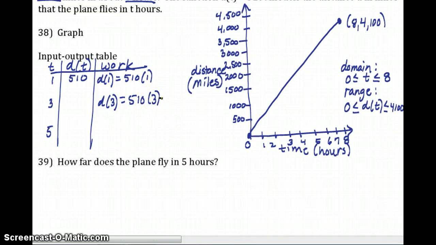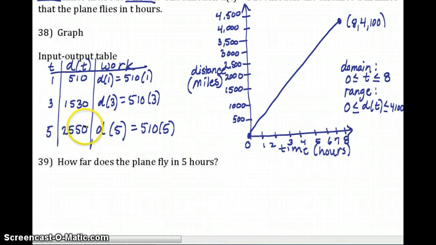Well, 500 times 3 is 1,500, and 3 times 10 is 30. It's 1,530. And then d of 5, which we actually need for this one, d of 5 equals 510 times 5 hours. We know that 500 times 5 is 2,500, and then 10 times 5 is 50, so 2,550.